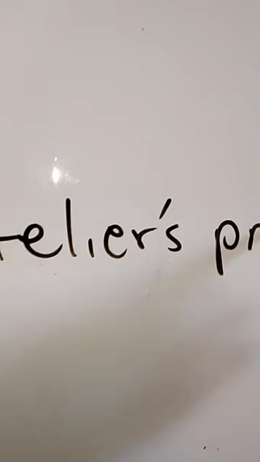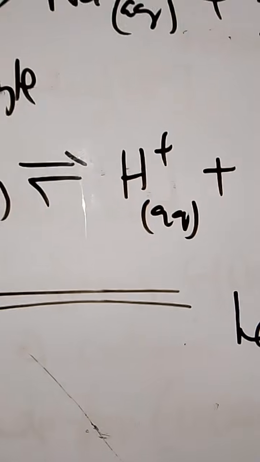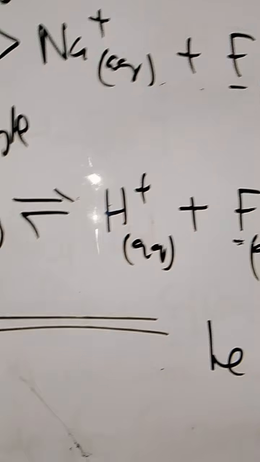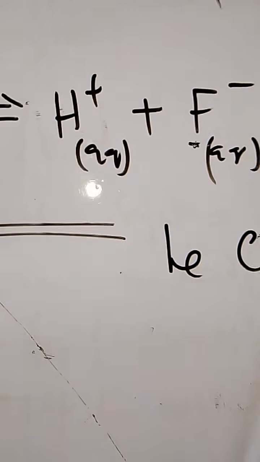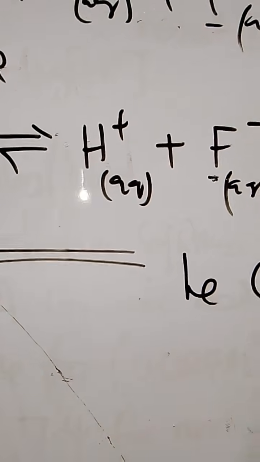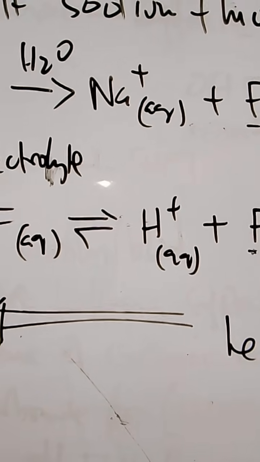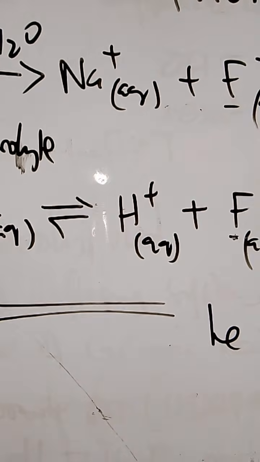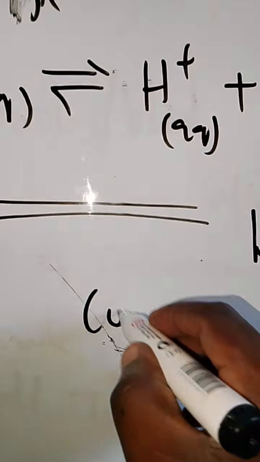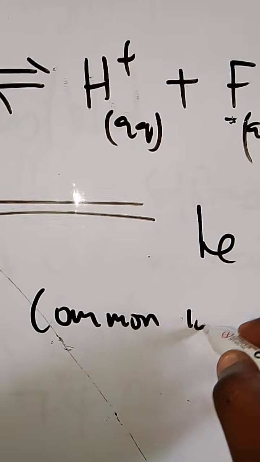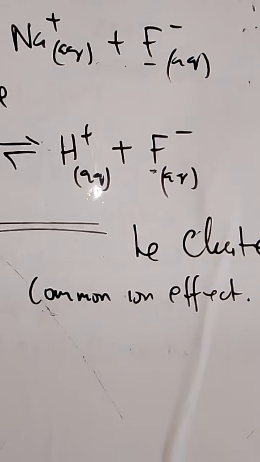The shift in equilibrium position that occurs because of the addition of an ion already involved in the equilibrium reaction is what we call the common ion effect.